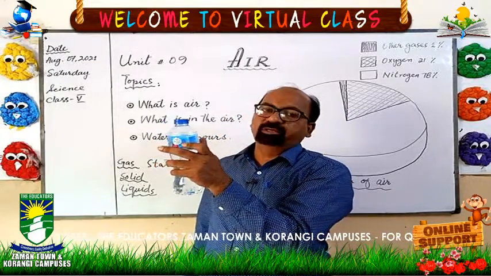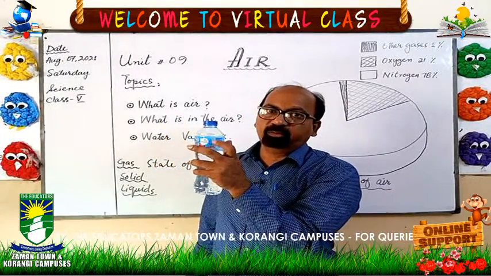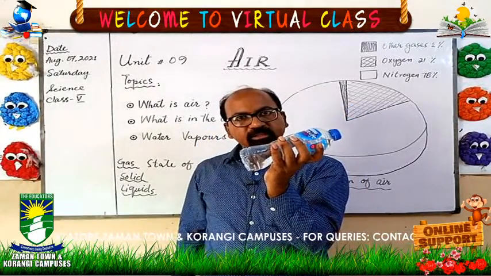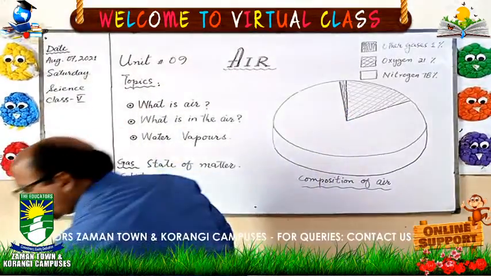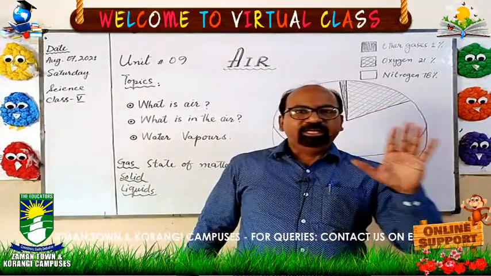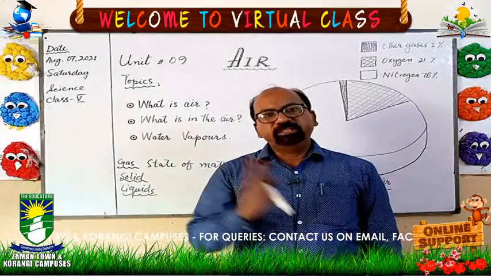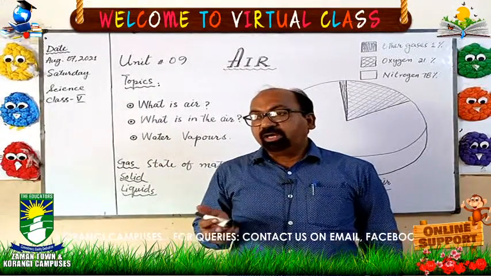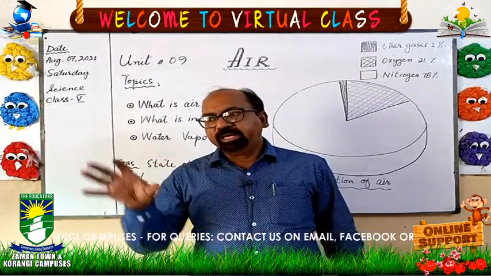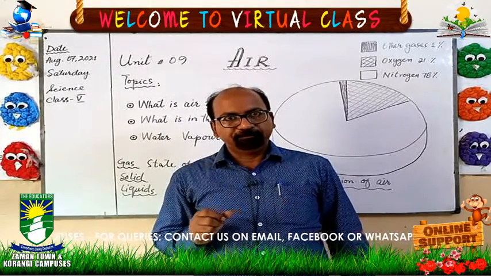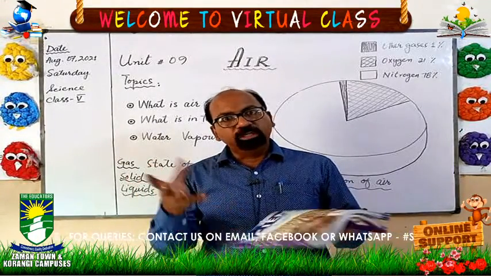The wrapper on it is in the form of solid, but the water in it is liquid. We can easily understand these two states of matter, solid and liquid, because we can see them, we can touch them, we can observe them easily, we can hold them.